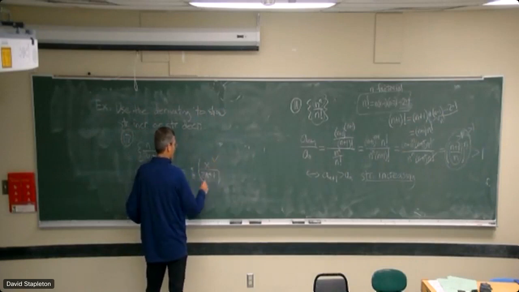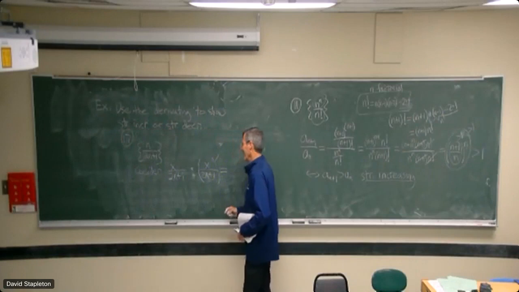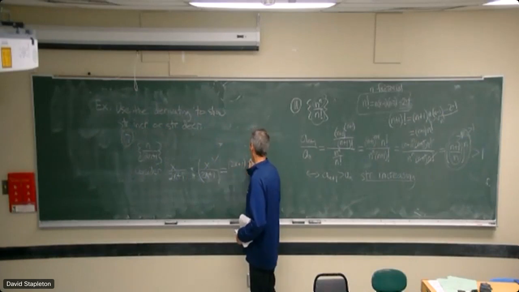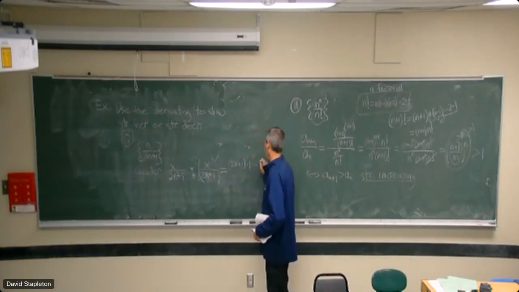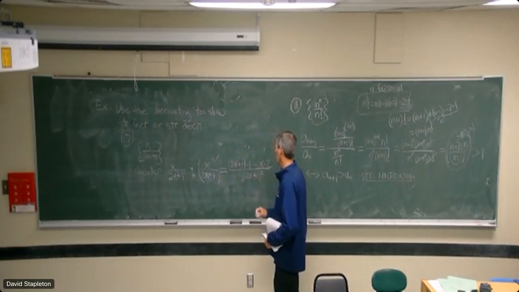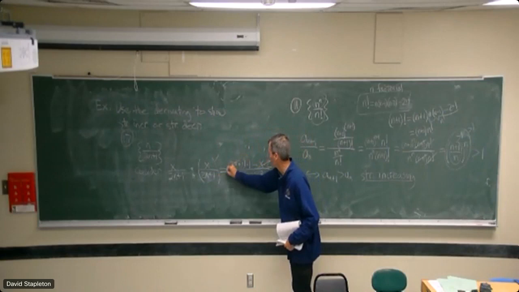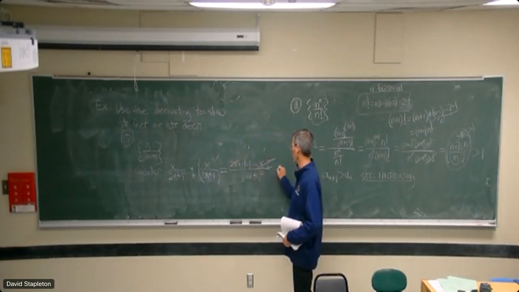We go to the dreaded quotient rule: g, the bottom, times f prime, which is 1, minus f of x times g prime, the derivative of the bottom, which is 2, all over g squared, 2x plus 1 squared. Well, now 2x minus 2x cancels, and I just got 1 over 2x plus 1 squared.